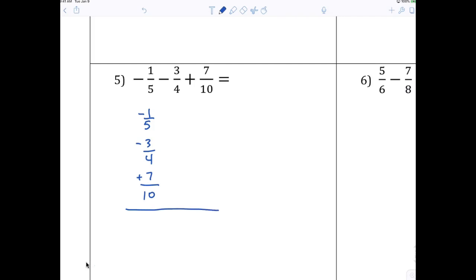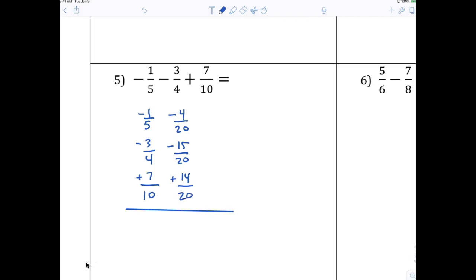Now you have to be real careful here, guys, with your adding and subtracting on this. So negative 1/5 became negative 4 out of 20 minus 15 out of 20 plus 14 out of 20.